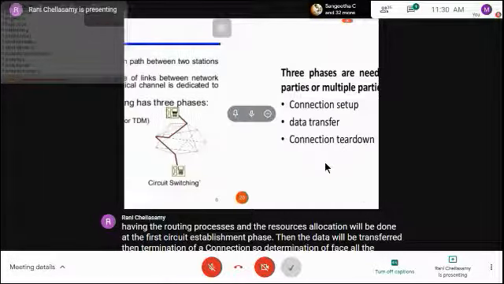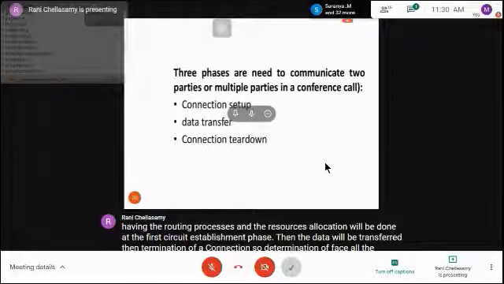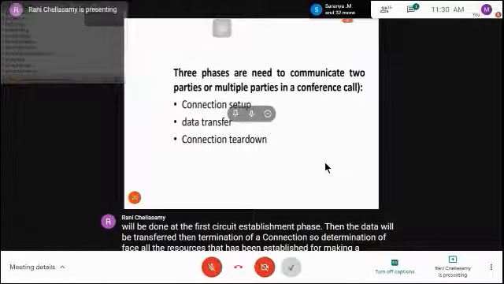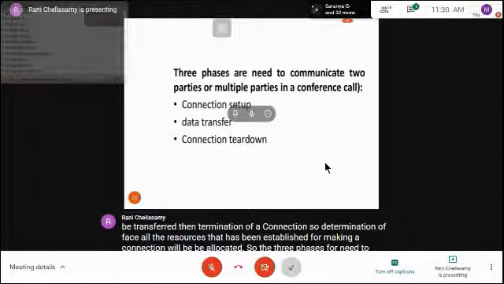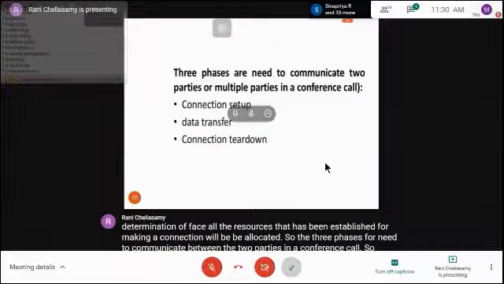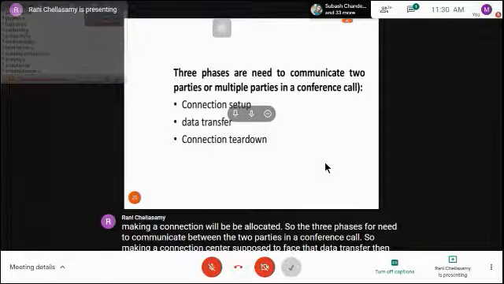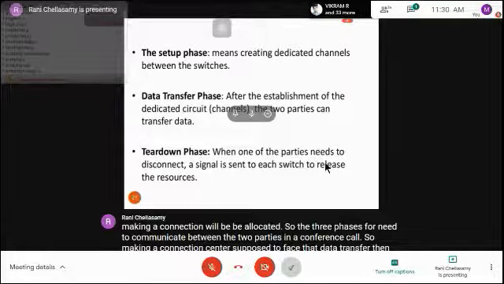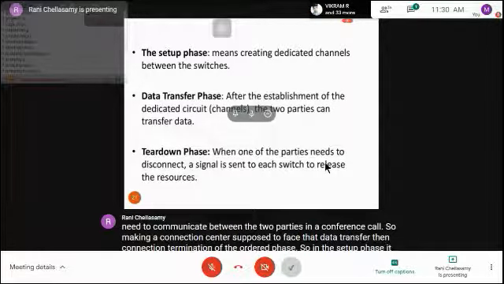So the three phases are needed to communicate between two parties, as in a conference hall. The connection setup is the first phase, then data transfer, then connection termination or tear down phase. In the setup phase, you create a dedicated channel between the switches, so it takes time to make the connection.